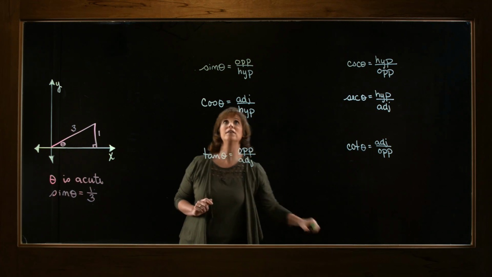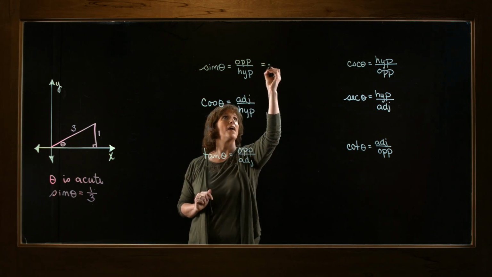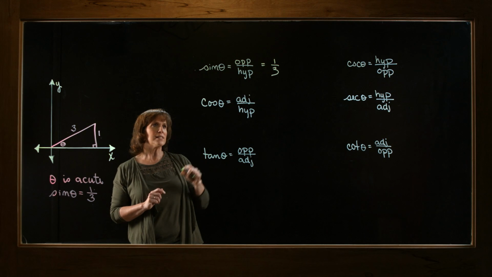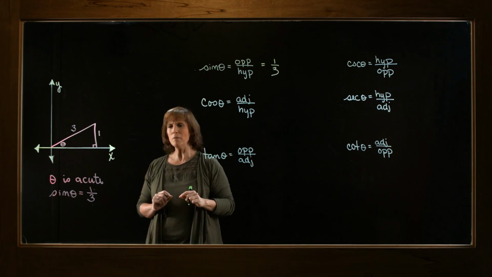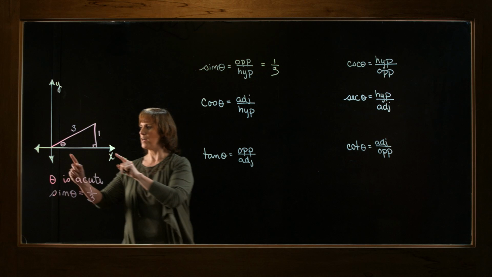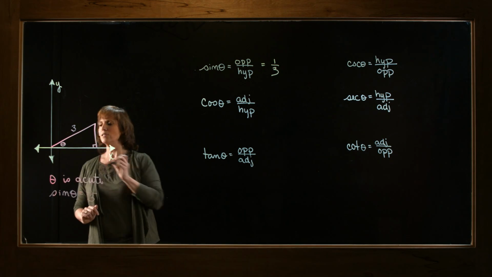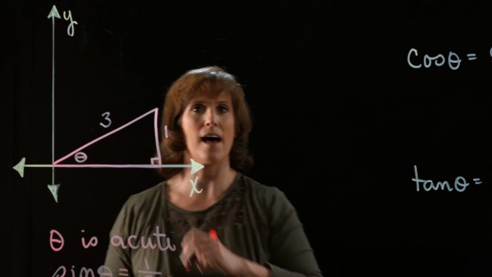Well, I already know that the sine of theta is the opposite over the hypotenuse, and so that's 1/3. If you notice, when I'm looking at the different ratios for my other trig function values, some of them include an adjacent side, which is this length, and I don't have that written yet. So how would I find the length of that side?